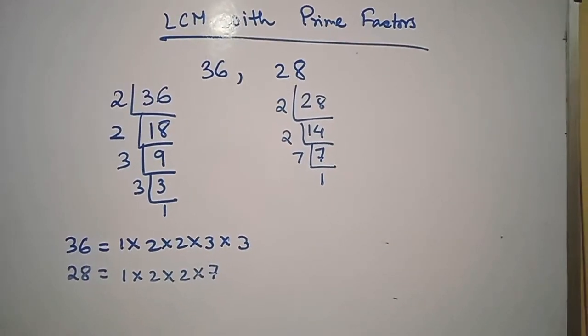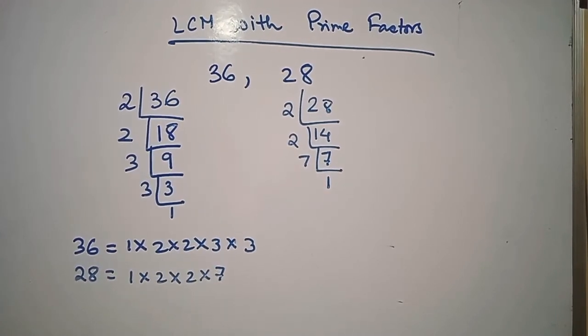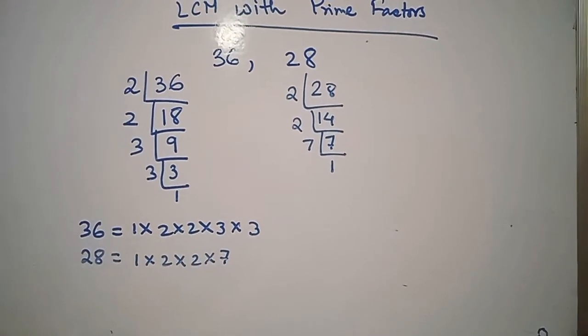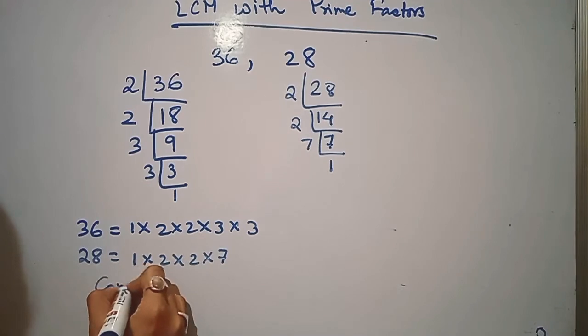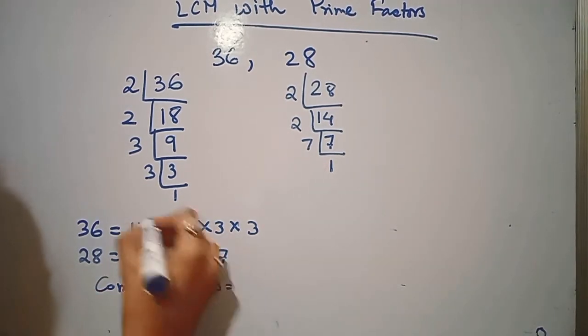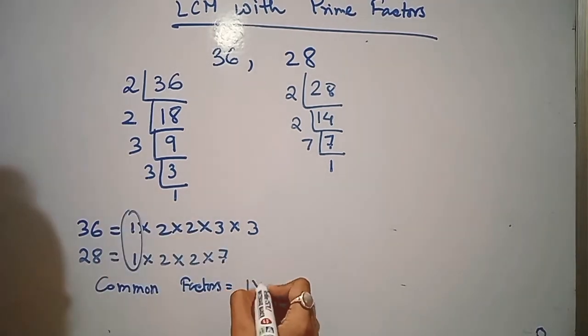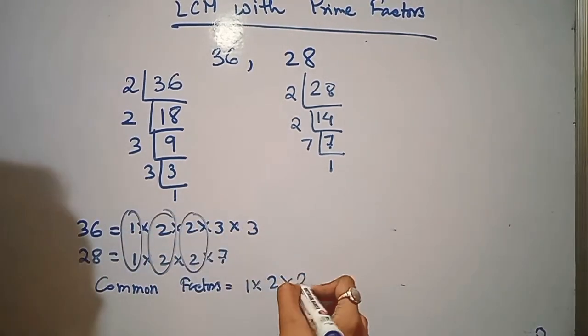We get here, and we are concerned with finding the LCM, so we will find the common factors as well as the other factors too. So here, as I can see, the common factors will be this 2 and this 2.